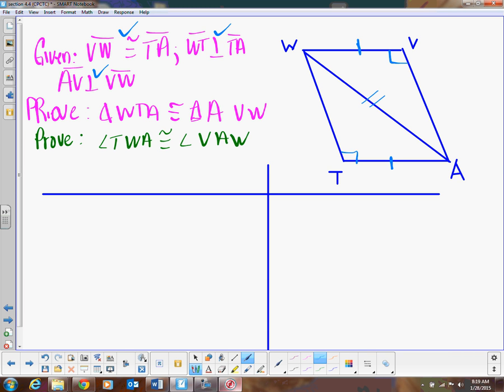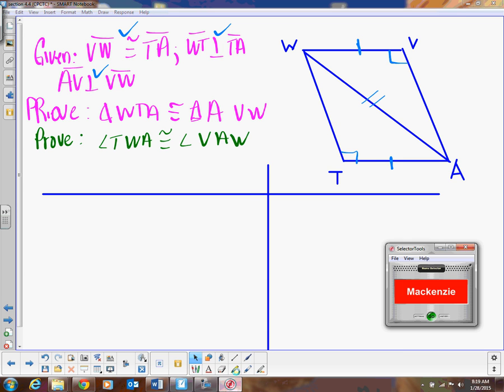What's that word? Starts with an R. R-E. Yes. All right. So now we're going to look at this, and you are going to tell me what the combination would be to prove these two triangles congruent. Madison? Side, side, side.